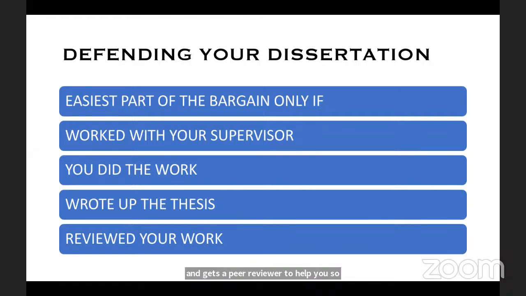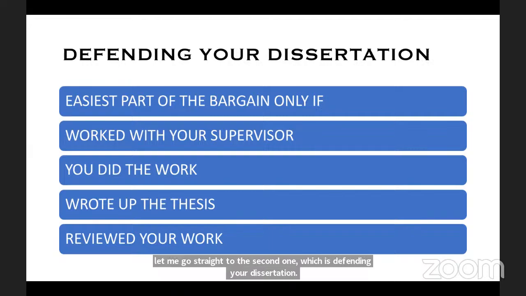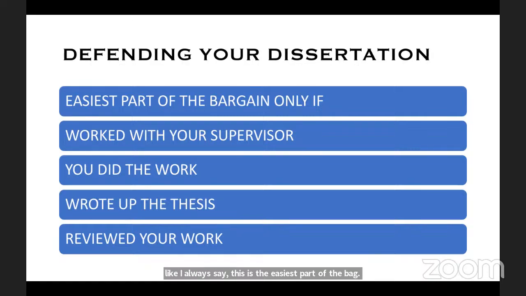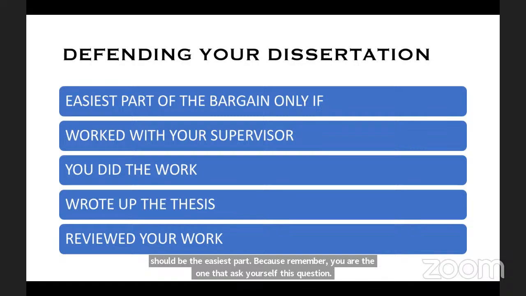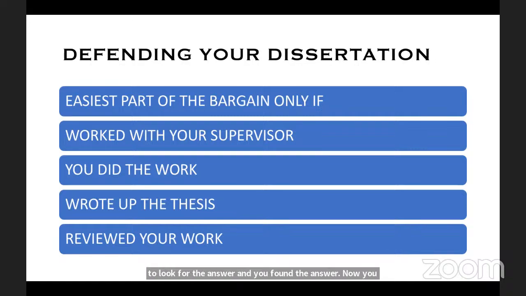Now, let me go straight to the second one, which is defending your dissertation. And like I always say, this is the easiest part of the bargain. In everything you are doing, defending your dissertation should be the easiest part. Because remember, you are the one that asked yourself this question, no? And you had all the time in the world to look for the answer and you found the answer. Now you just have to go and tell somebody, see what I did.